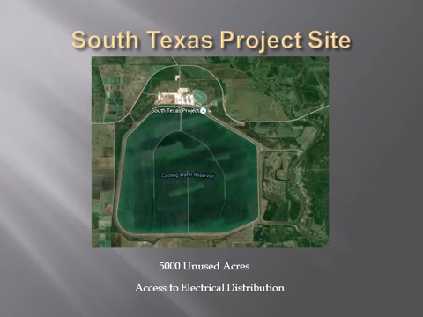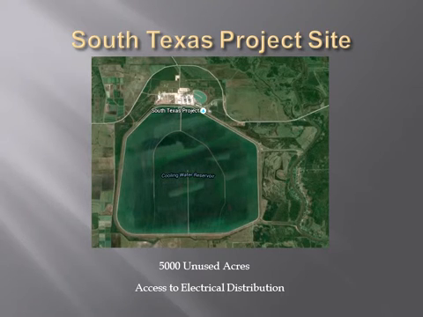Here we have the site map of the South Texas Project site. It's 12,000 acres. 7,000 acres is made up of this cooling reservoir, and that leaves 5,000 unused acres. Those 5,000 unused acres are from this side of the cooling reservoir next to the Colorado River.